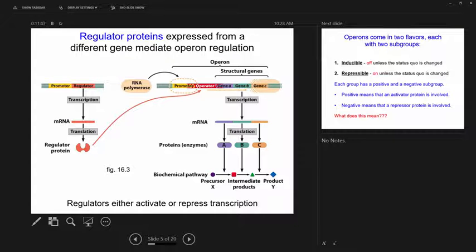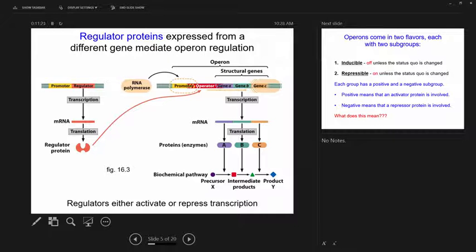These are going to be generally either activators of transcription, which help turn it on, or repressors of transcription, which help turn it off. It's very important to understand that.